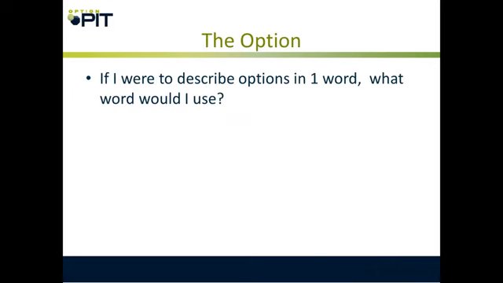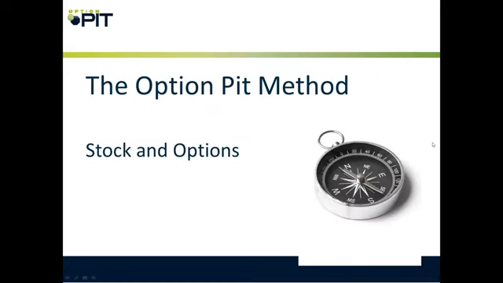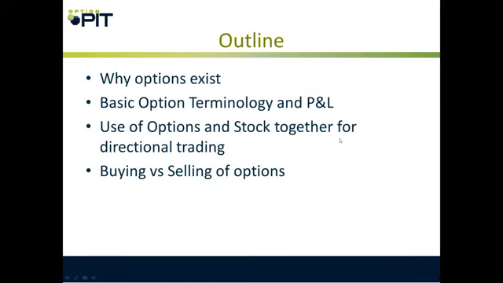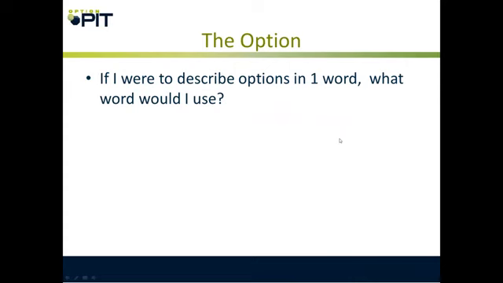So if I were going to use one word to describe options, what word would I use? And you guys should know this. What word? Awesome. I like awesome. But it's not awesome.